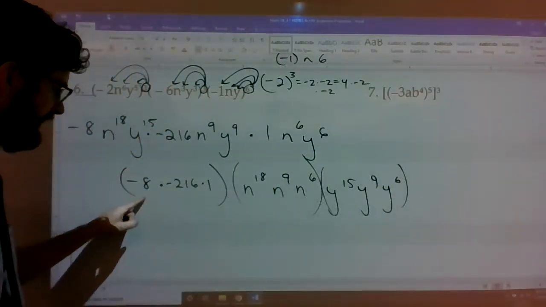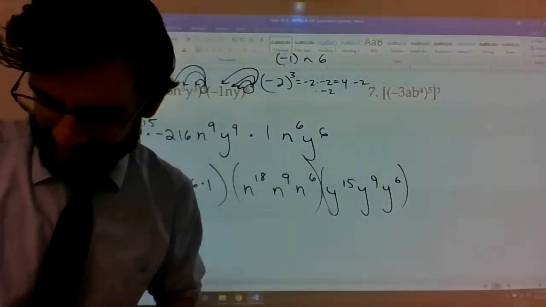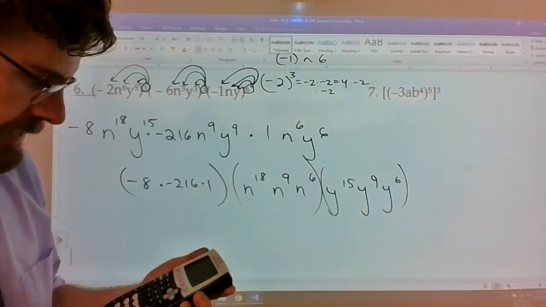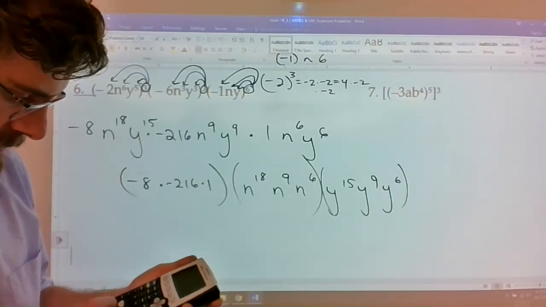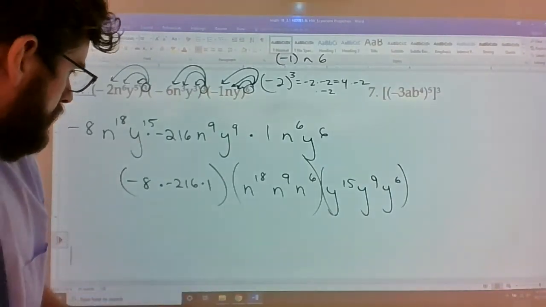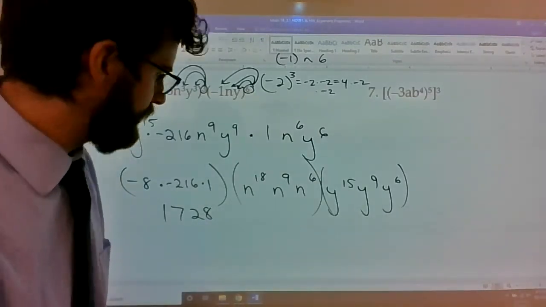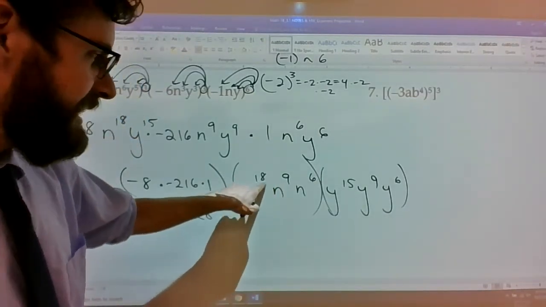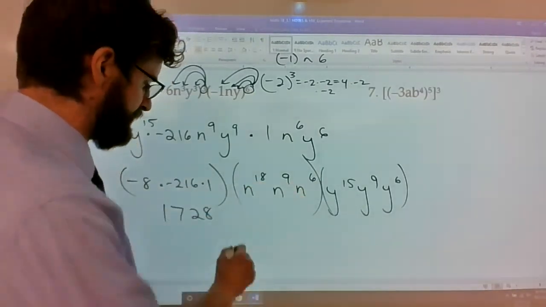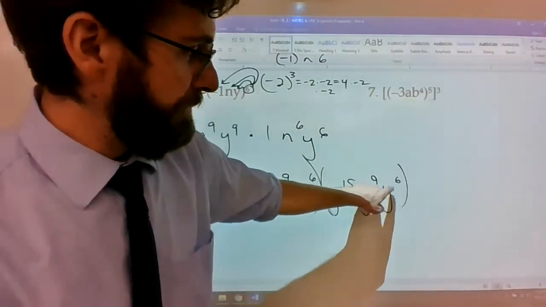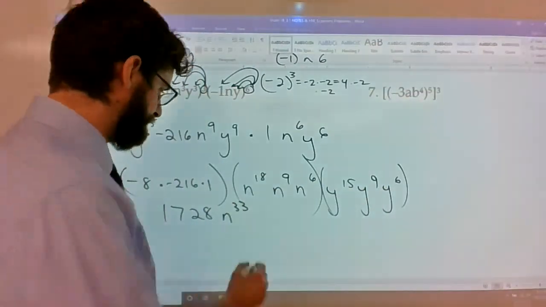And then you take 8 times 216. I think I know what that is, but let's check it on the calculator. 1,728. That's not what I thought it was. And 18 plus 9 is 27, plus 6 is 33. 15 plus 15 is 30.